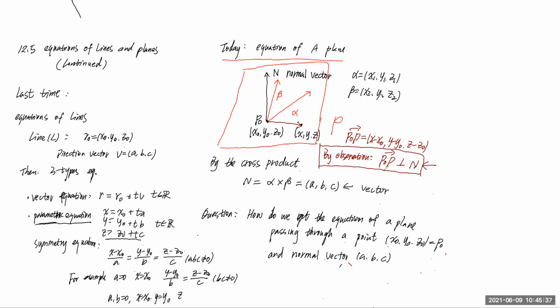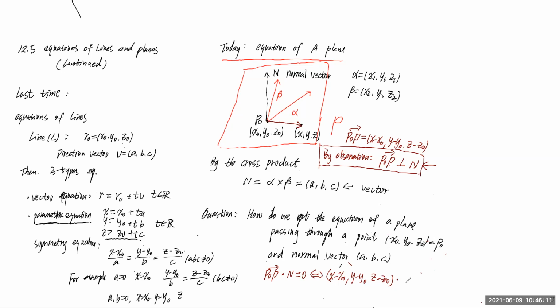Because we know P naught P is perpendicular to n, it means that P naught P dot product n is 0. So we write this out explicitly. We have x minus x naught, y minus y naught, z minus z naught, this is a vector, dot the normal vector.